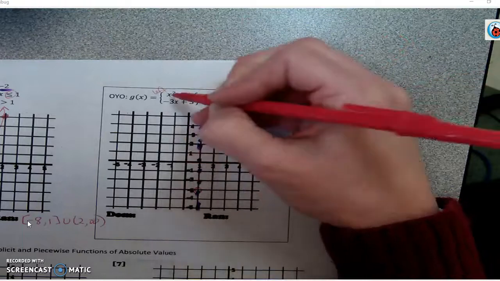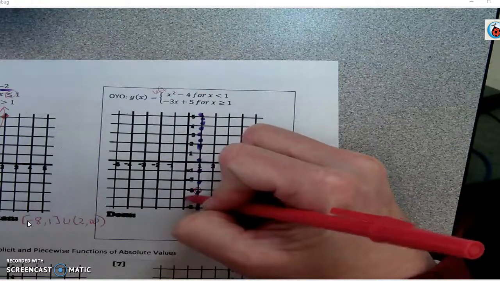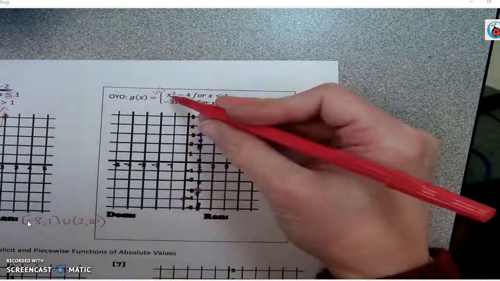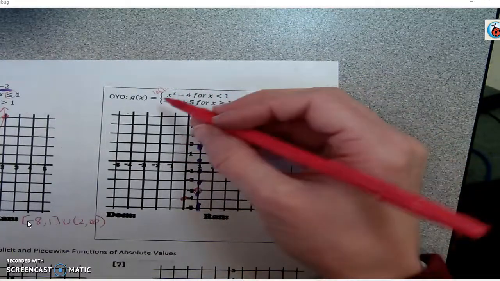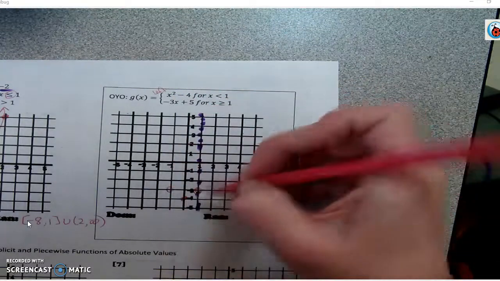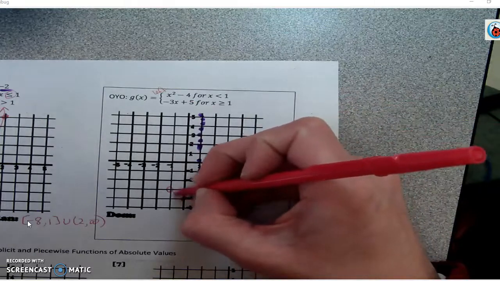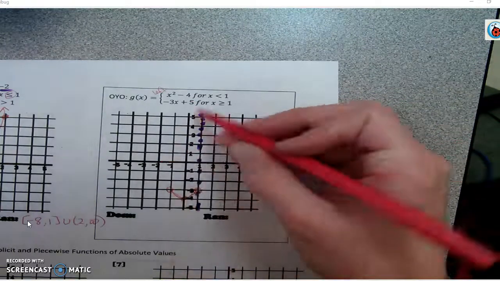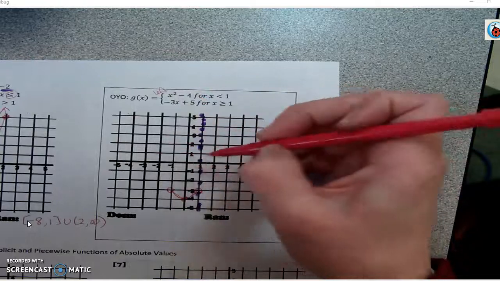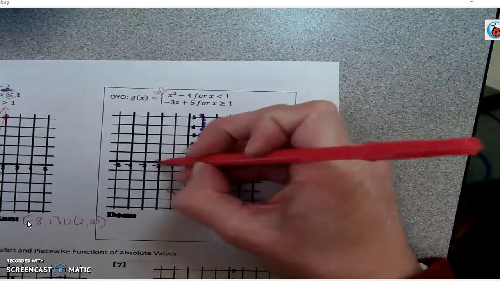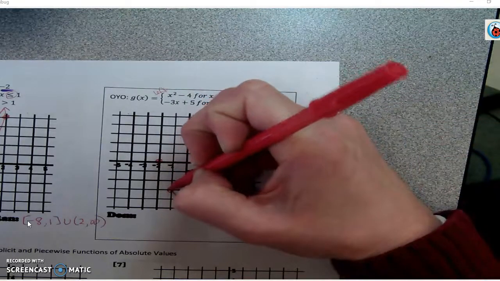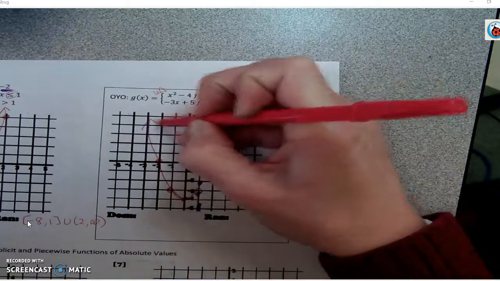If I plug in 0, 0 would be at -4. Plug in -1, -1 squared is 1 minus 4. 1 minus 4 is -3. Parabola symmetrical, so I should have known that. Plug in -2. -2 squared is 4. 4 minus 4 is 0. So it looks like that.